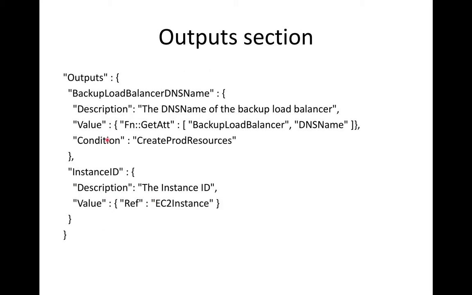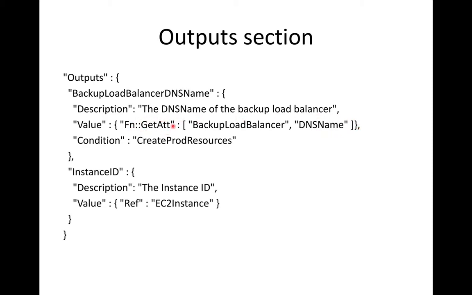Here's an example of an outputs section, and this output section has two outputs. One is called backup load balancer DNS name, and the other output is called instance ID. The backup load balancer DNS name has a description. That's the DNS name of the load balancer. This is like the DNS endpoint for that load balancer, and we're specifying the value using a function call, and we'll learn about functions here in a bit.